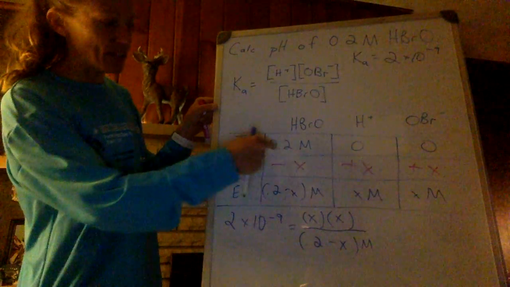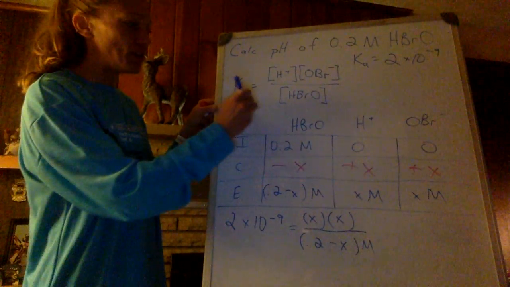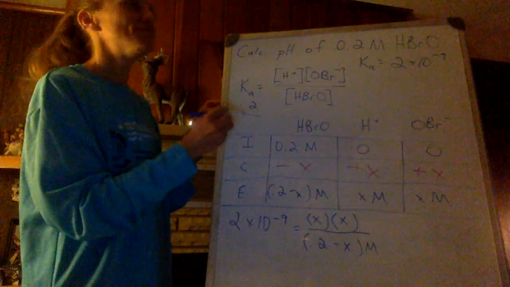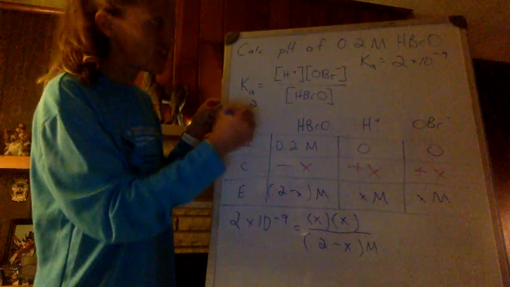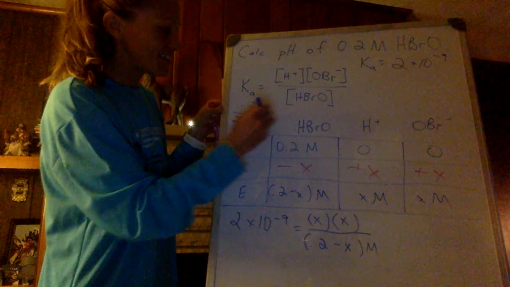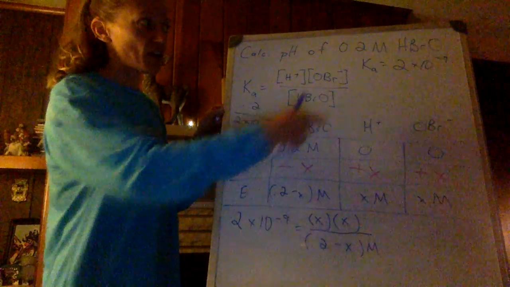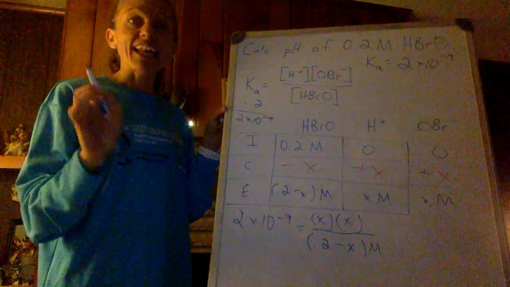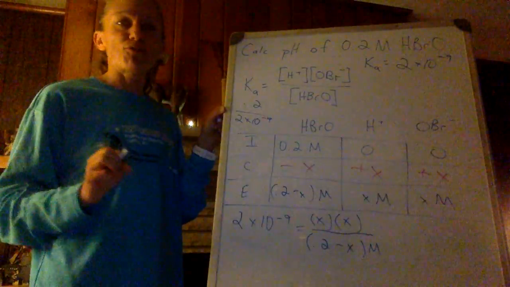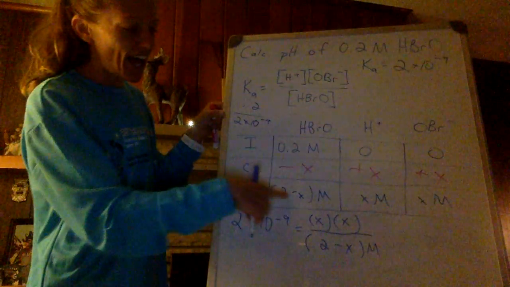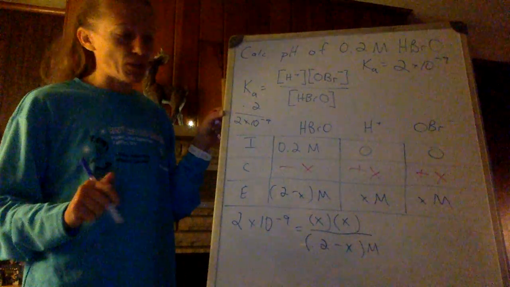Here's my favorite guideline of when we can ignore x. If I take my lowest concentration, 0.2, and divide it by Ka, 2 times 10 to the negative ninth, and I get a number that's over 500, which I'm definitely going to this time, x is going to be small enough to ignore.